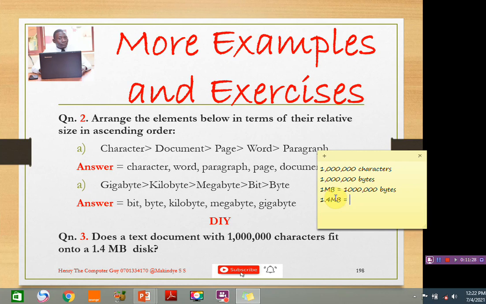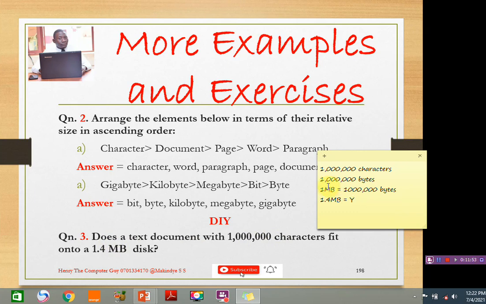This one gives us what we don't know, which is y. Remember, this is MBs, this is bytes. So we have to convert them to the same unit such that we see whether this one can fit onto this one. That's why we are changing the 1.4 MBs to bytes, such that we see whether the 1 million is bigger or the 1.4 MB is bigger, so we can prove whether it is right or wrong.